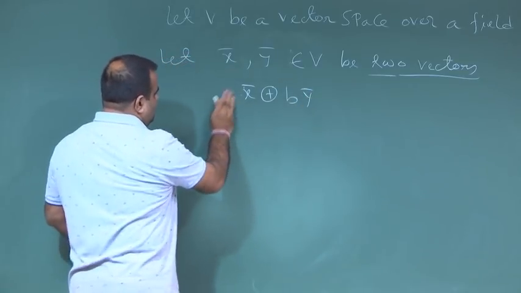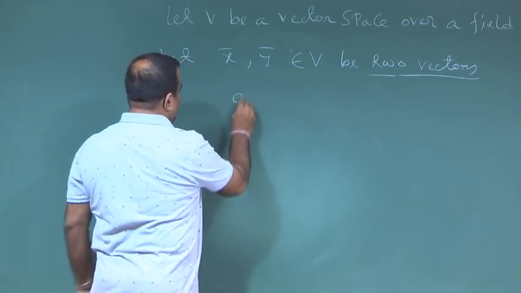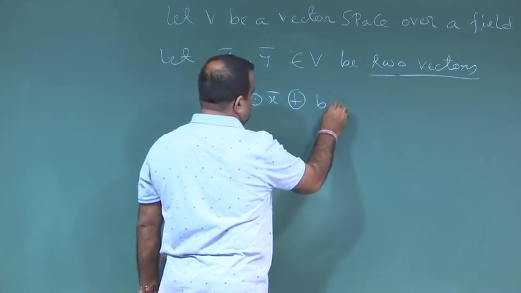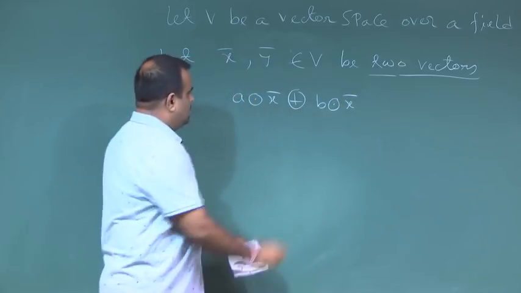So, this is basically a scalar a multiplied with x, and b with y.